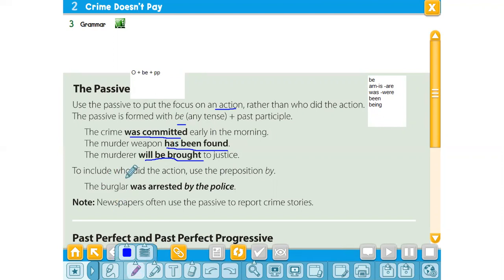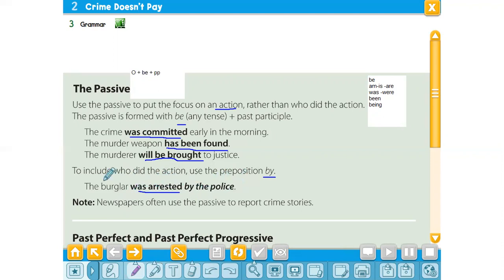To include who did the action, use the preposition by. The burglar was arrested by the police. Was arrested by the police. Who arrested the burglar? Excellent, the police.